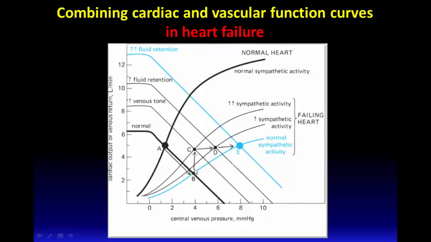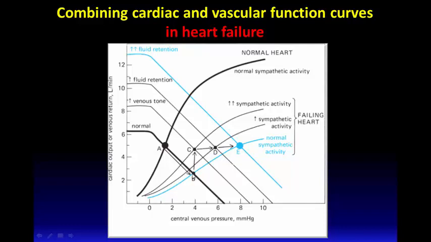Now, the new equilibrium point is B, and at this new equilibrium point there is a substantial decrease of both the cardiac output and the venous return, while the right atrial pressure has increased.